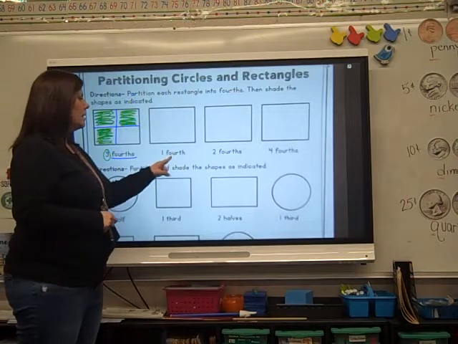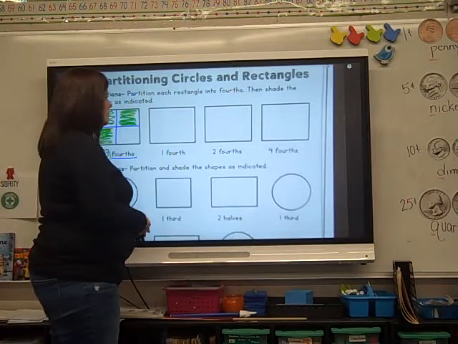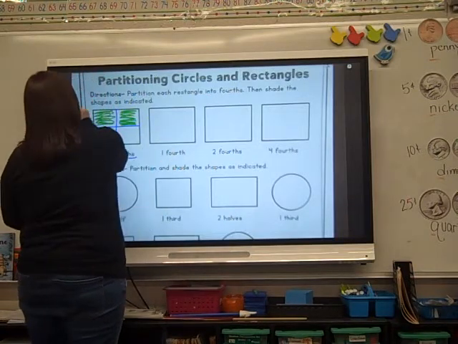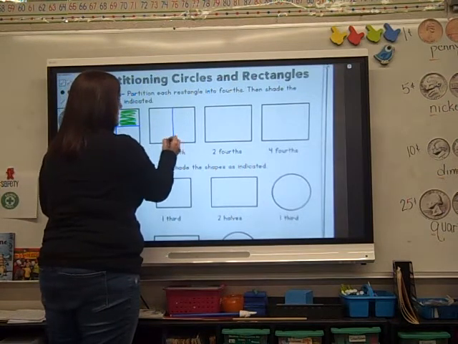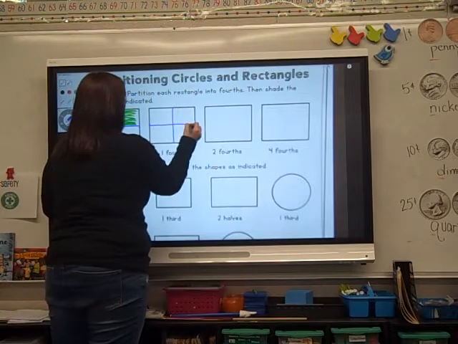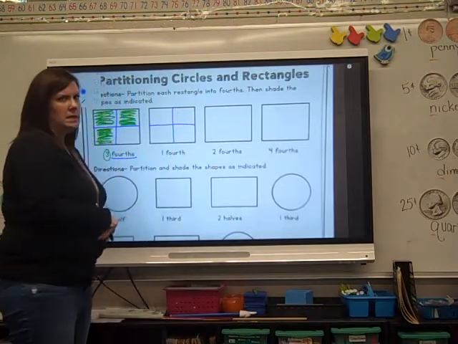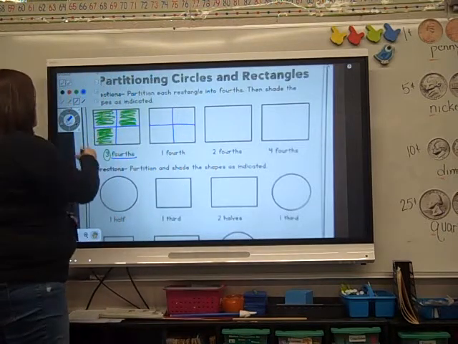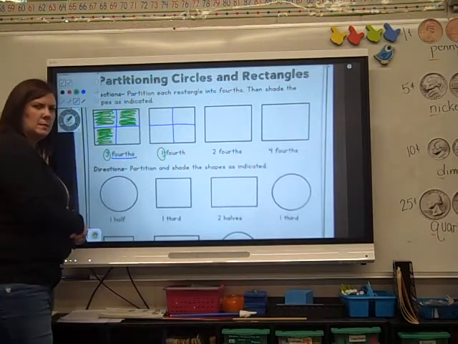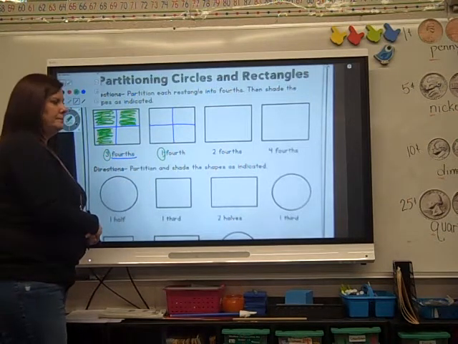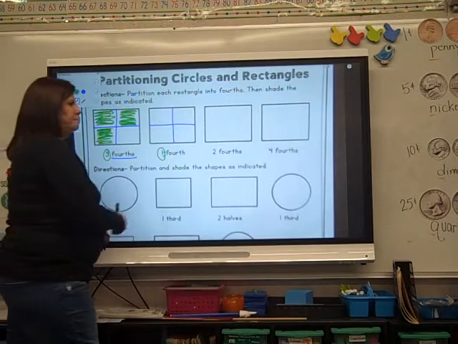All right, let's cut it back into 4ths. I'm telling you, guys, the easiest way to cut something into 4ths, go down the middle, across the middle. That's the easiest way. All right, but this time, how many pieces do they want somebody to shade in? 1.